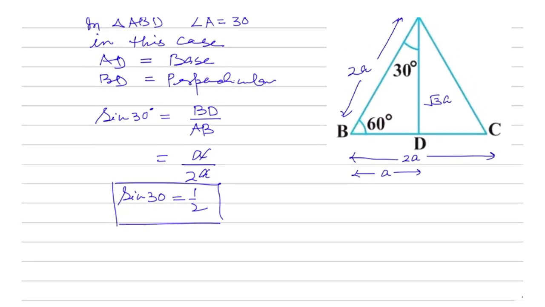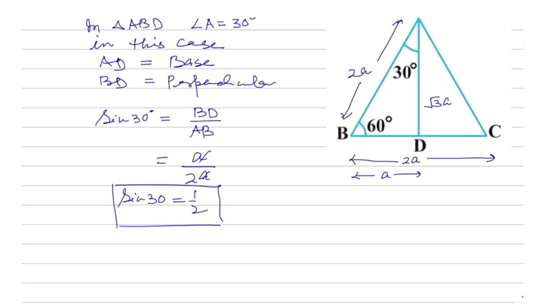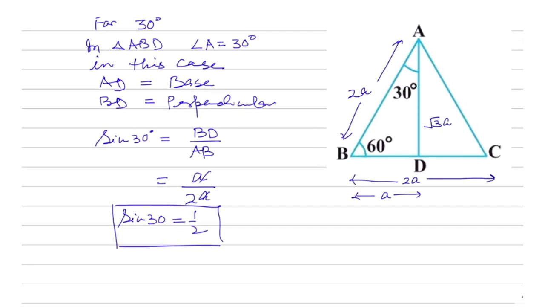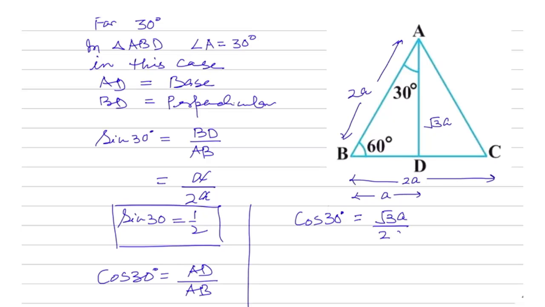And similarly cos 30 degree is equal to AD upon AB. Therefore, cos 30 degree is equal to, putting the value of AD and AB, AD is root 3a upon 2a.